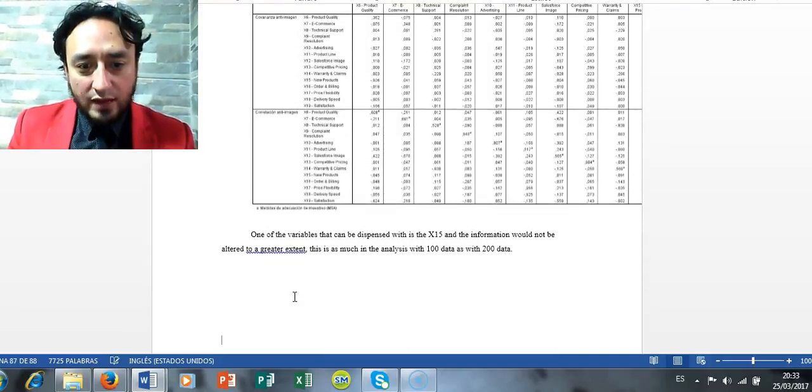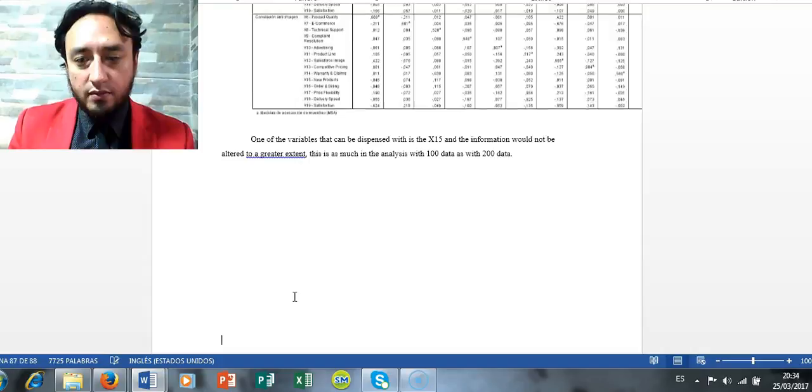One of the variables that can be dispensed with is x15, and the information will not be altered to a greater extent. This is a match in the analysis with 100 data as with 200 data.